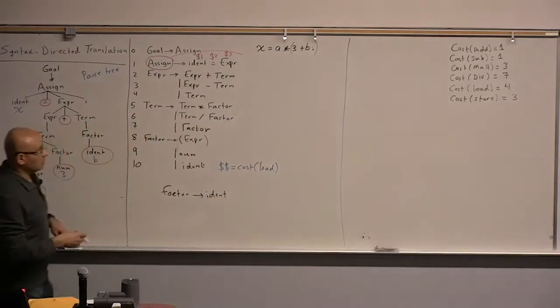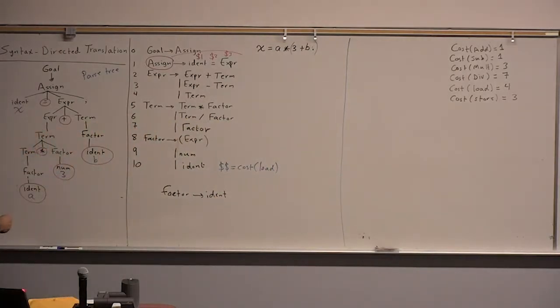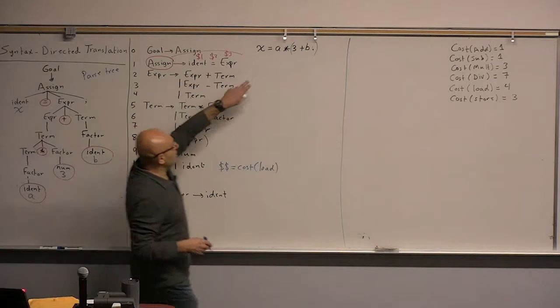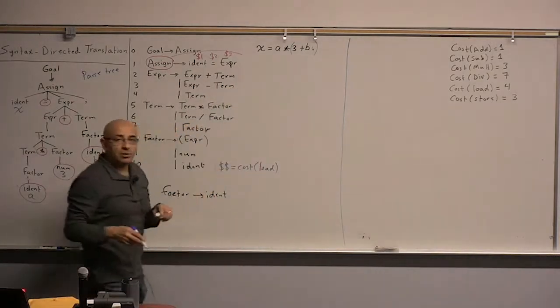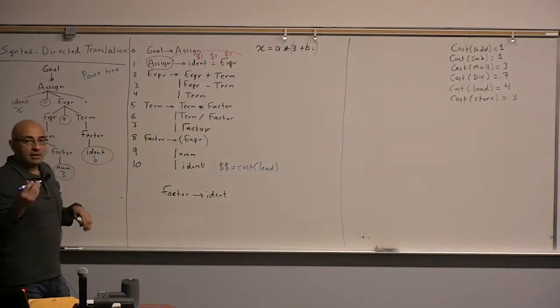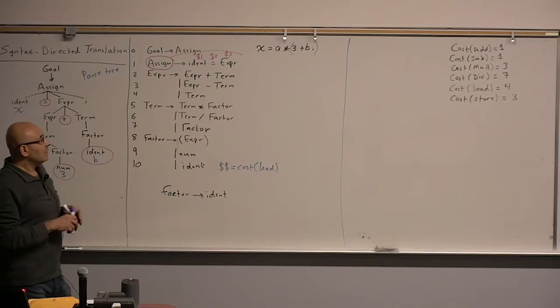And the cost of the load is, in this case, 4. So whenever there is an identifier, we're assuming that the generated code will be a load.